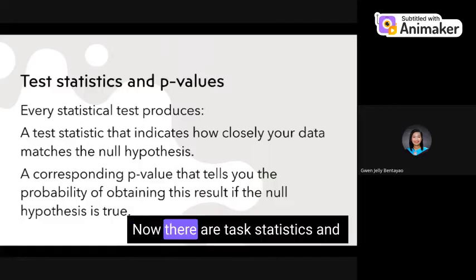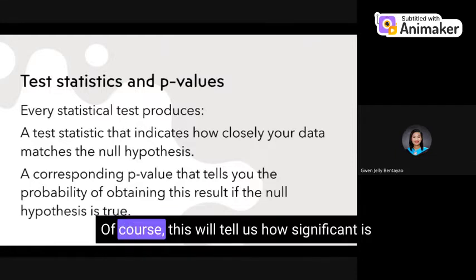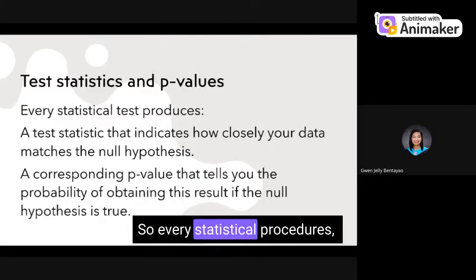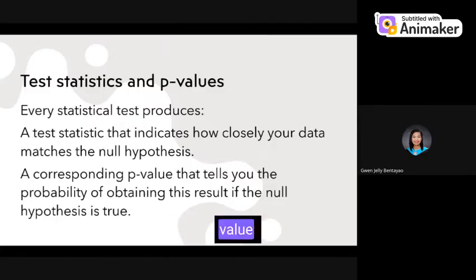Now, there are test statistics and p-values that we have to consider. Of course, these will tell us whether there is significance in the conducted test. So for every statistical procedure, we have a test statistic and a corresponding p-value.